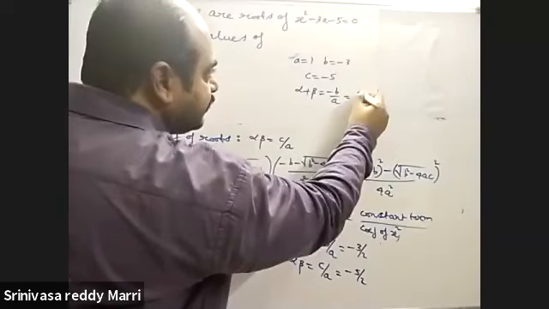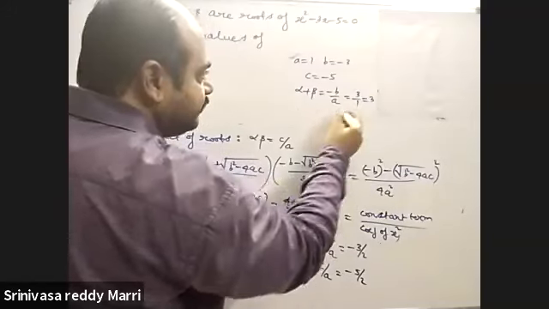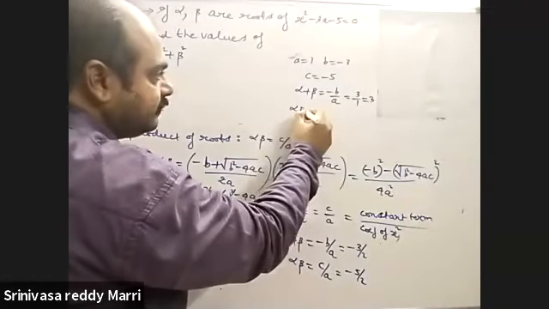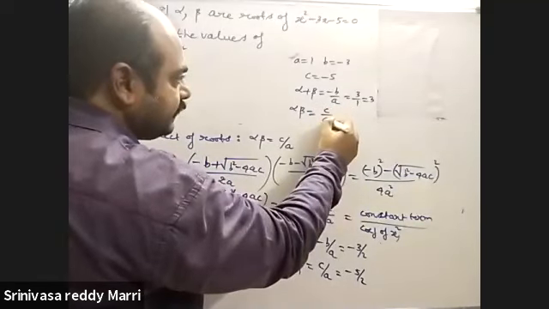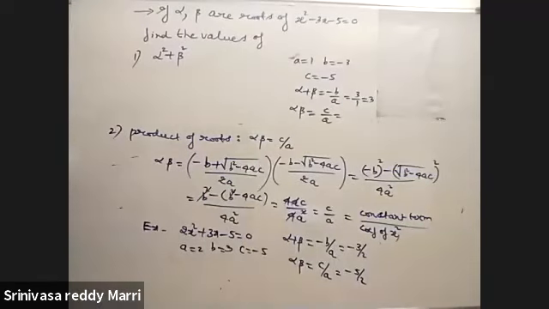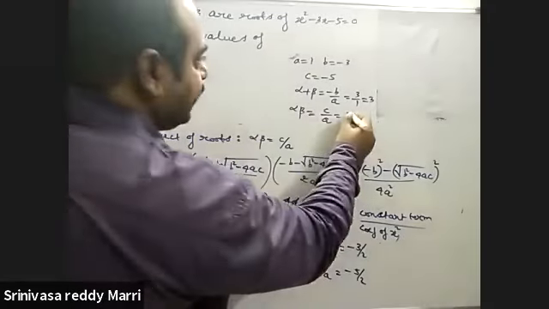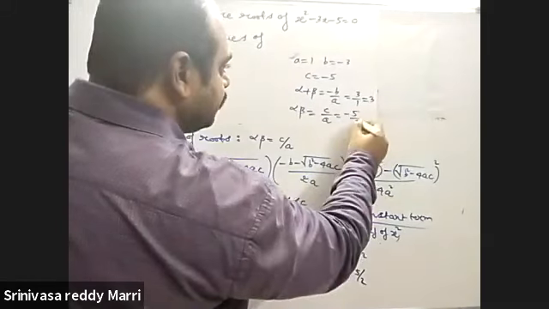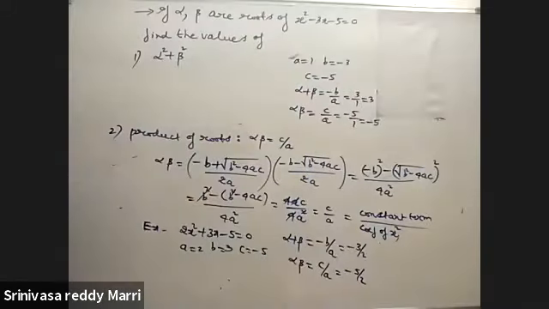Minus b means 3 divided by 1, so alpha plus beta value is 3. Alpha into beta is nothing but c divided by a, so minus 5 divided by 1. That means minus 5.